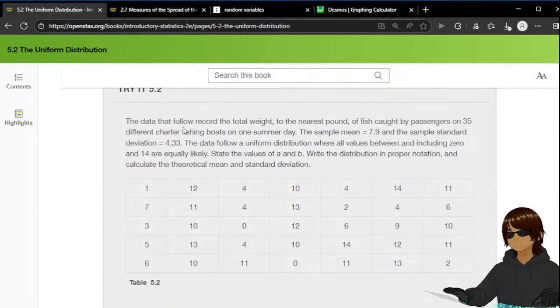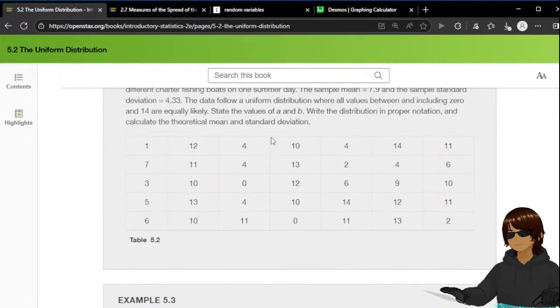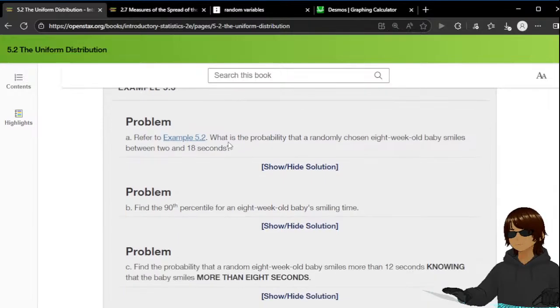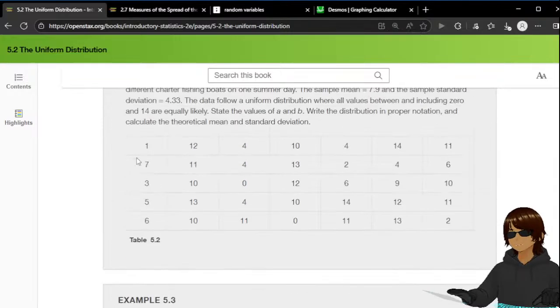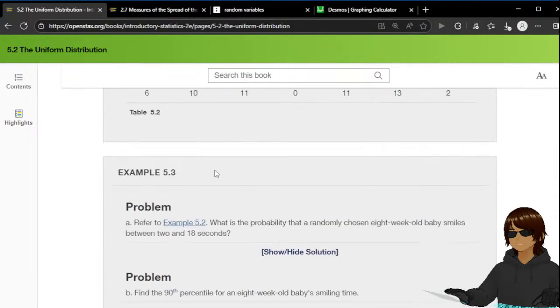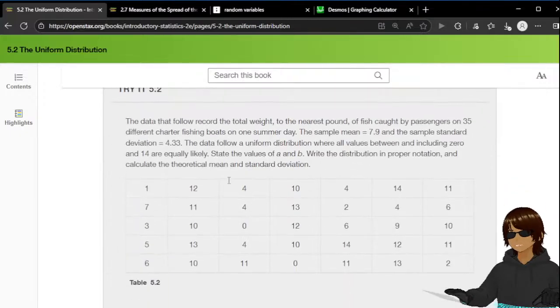The data that follow record the total weight to the nearest pound of fish caught by passengers on 35 different charter fishing boats on one summer day. Man, there are no answers here. Example 5.2. Actually, yeah, there are answers here. The sample mean is 7.9.